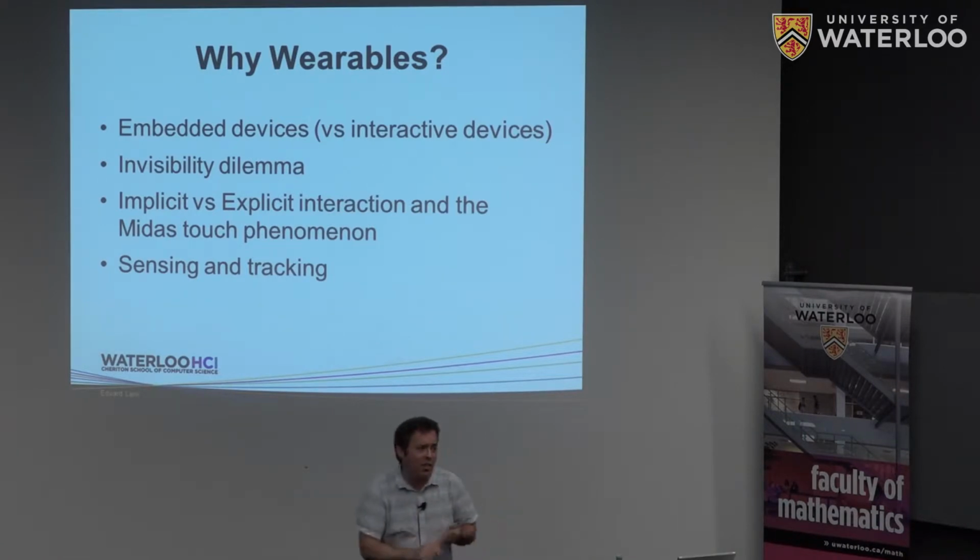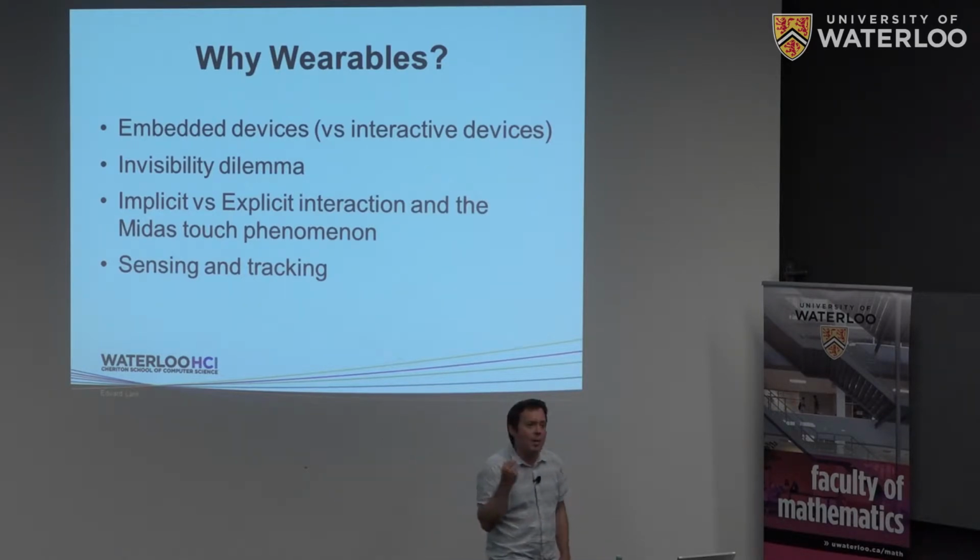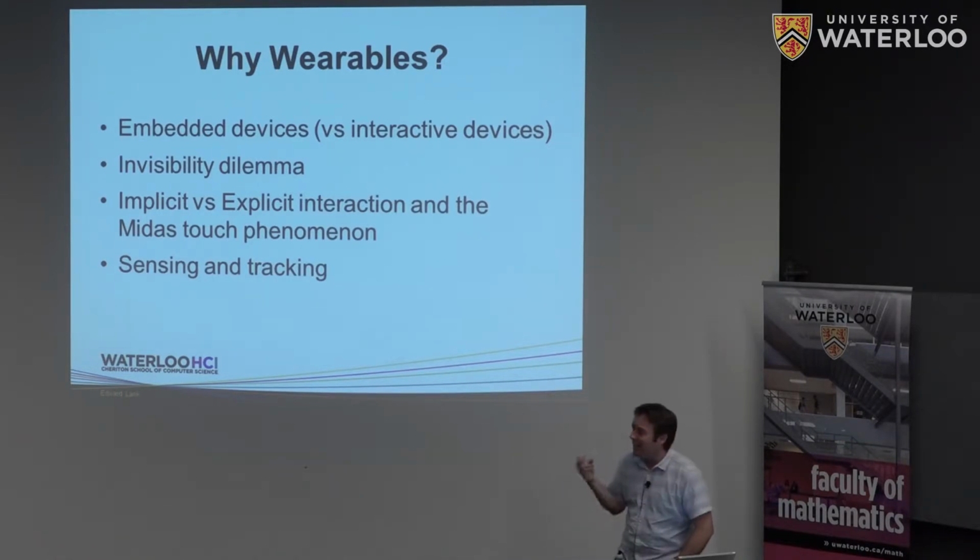Vicon systems cost tens of thousands of dollars, so we don't deploy them broadly. People are like, oh, when their price comes down, maybe they'll cost hundreds of dollars, but that still doesn't mean that they're going to be everywhere. And we really need to solve this sensing and tracking problem if we want to be able to deploy things like richly interactive spaces rapidly and easily in flexible environments.